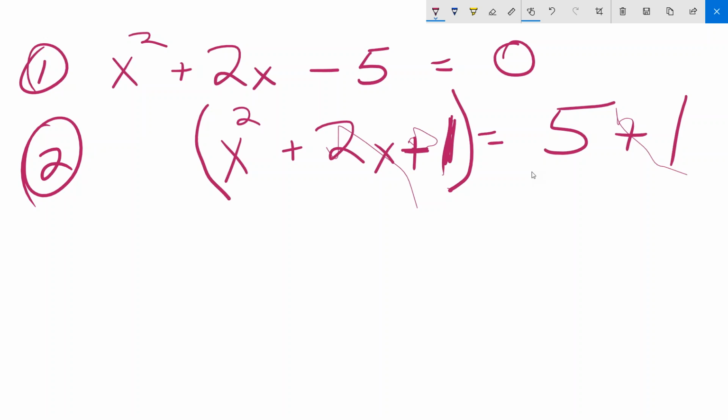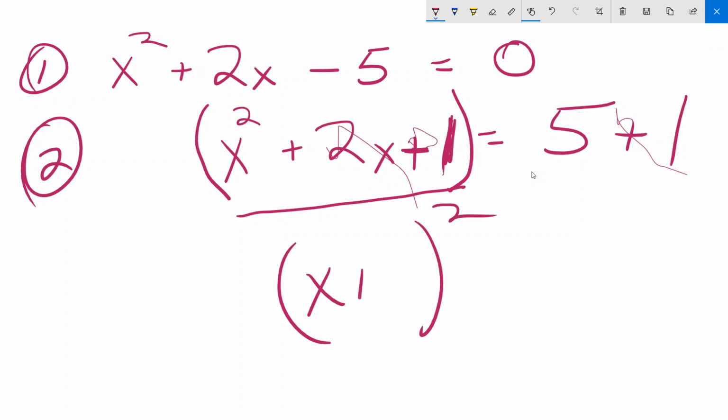Now, because I have completed the square, it allows me to write that as a binomial term squared. Like that. You just take x plus or minus whatever you got when you took half of that coefficient, which was 1.